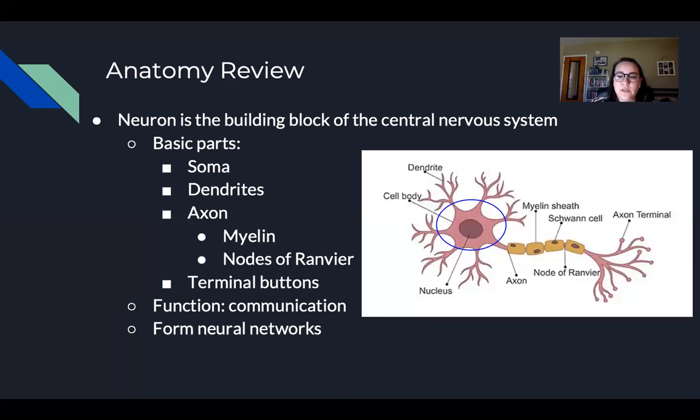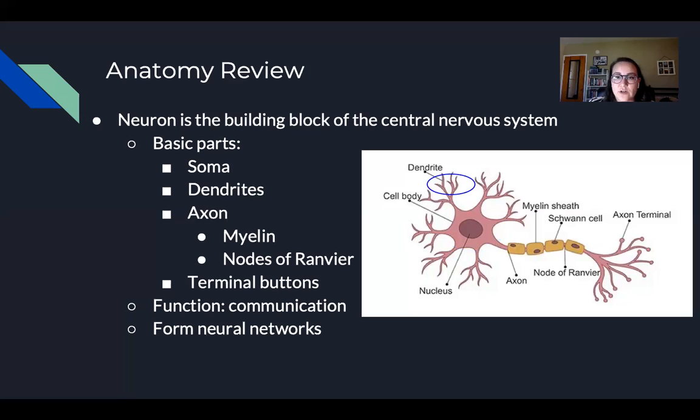The soma forms the body of the neuron, and this is what contains the nucleus of the cell. What the cell body does is add together information that it receives from the dendrites, which we'll talk about in a moment, and then it passes on this collection of information down to the axon.